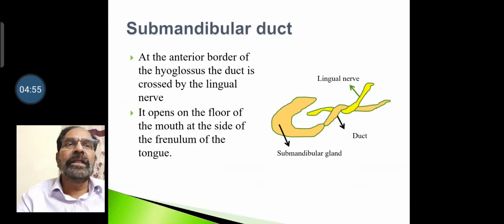At the anterior border of the hyoglossus, the duct is crossed by lingual nerve. So you can see the lingual nerve crossing the duct. Then it opens on the floor of the mouth on the side of frenulum of the tongue.